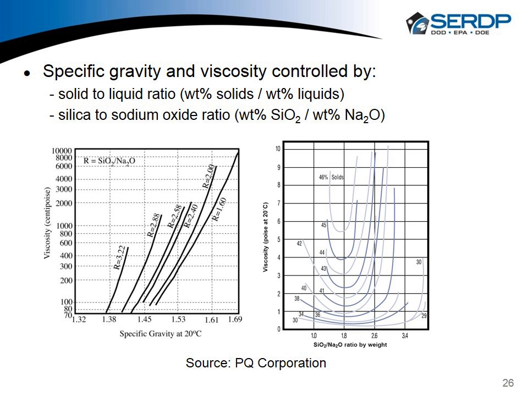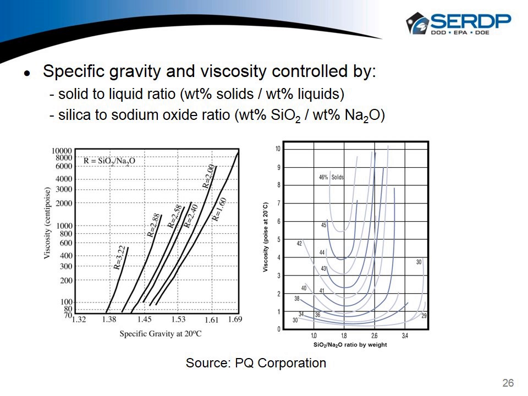On the right-hand side, again, the viscosities of the sodium silicate solutions are a function of silica to alkali ratio at constant solids. Again, viscosity increases as the weight ratio becomes either more siliceous or more alkaline at a given solids constant. So it shows how easy it is to adjust the viscosity of the sodium silicate solutions by changing either the silica to sodium oxide ratio or the solid to liquid ratio.